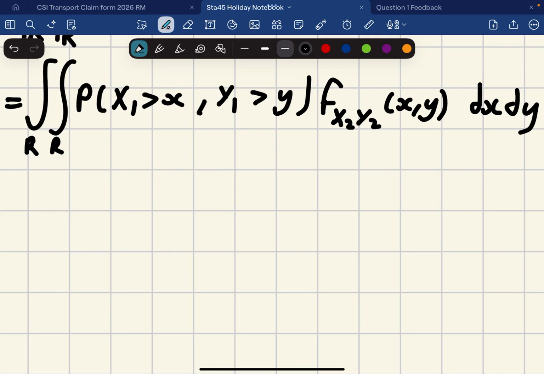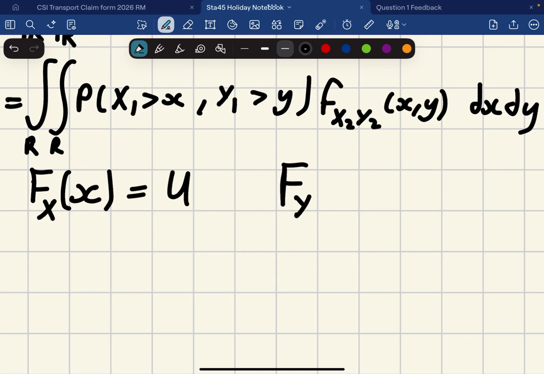We are going to say that, now be careful of this, it's a transformation, so let Fx, fed into the CDF of x2, or x, let it be equal to u, and let Fy of small y be equal to v.